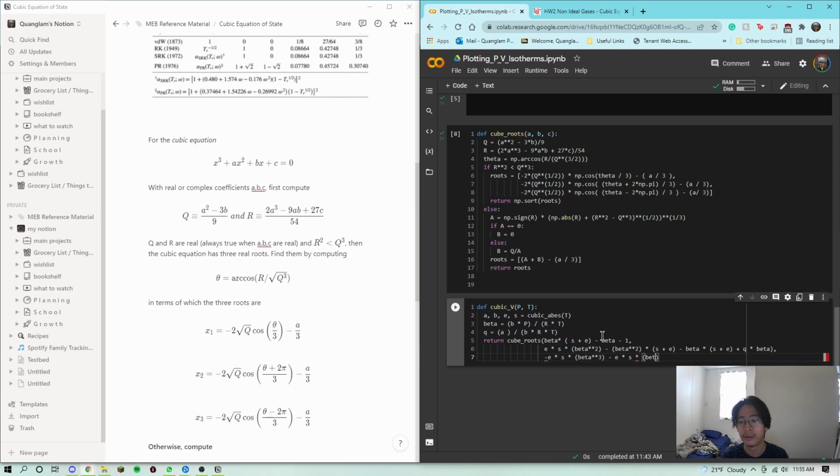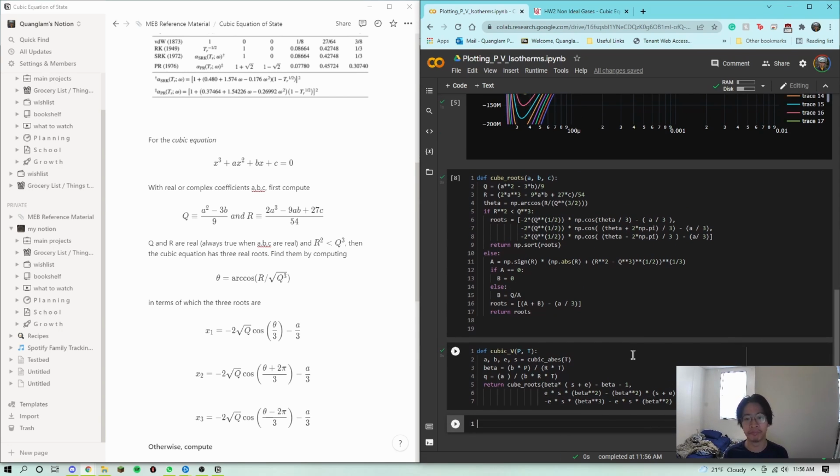We'll put that in parentheses just to be safe. Beta squared. Okay? Then minus q times beta squared. Okay? Oh, and let's make sure that our parentheses is closing. Oh, looks like it's getting confused here. It's getting confused. Okay. There we go. It's now closed. Okay.